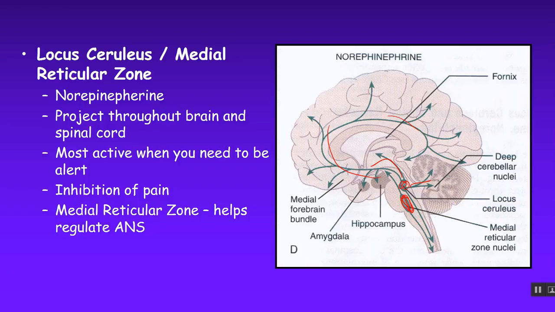So sometimes just getting somebody up into a sitting position is a way that you can stimulate the reticular activating system. When you sit them up, the vestibular system sends information to the vestibular nuclei, which then send it to the raphe nuclei and locus coeruleus, and that causes you to become more alert and wakes you up, so to speak.